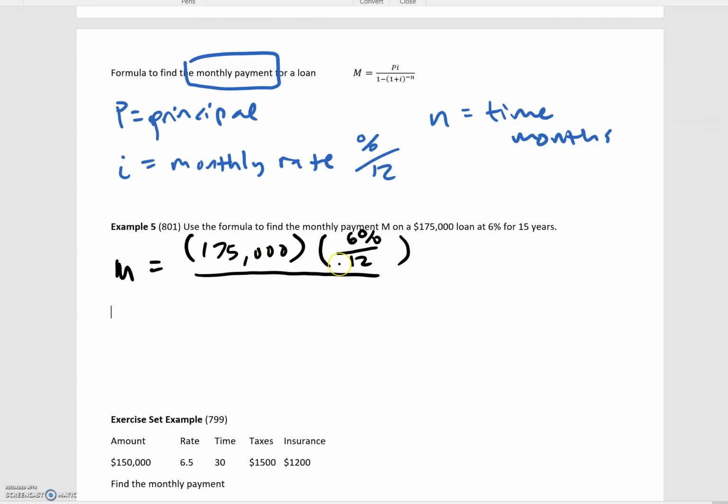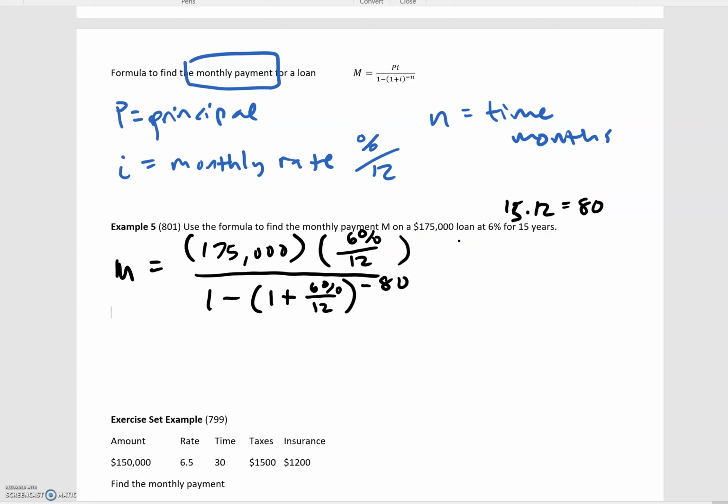And then this is all divided by 1 minus 1 plus that same 6% over 12, and that's to the negative number of months. So it's 15 years, 12 months a year. That's going to end up being 180 months. So 180 months is going to go down there.